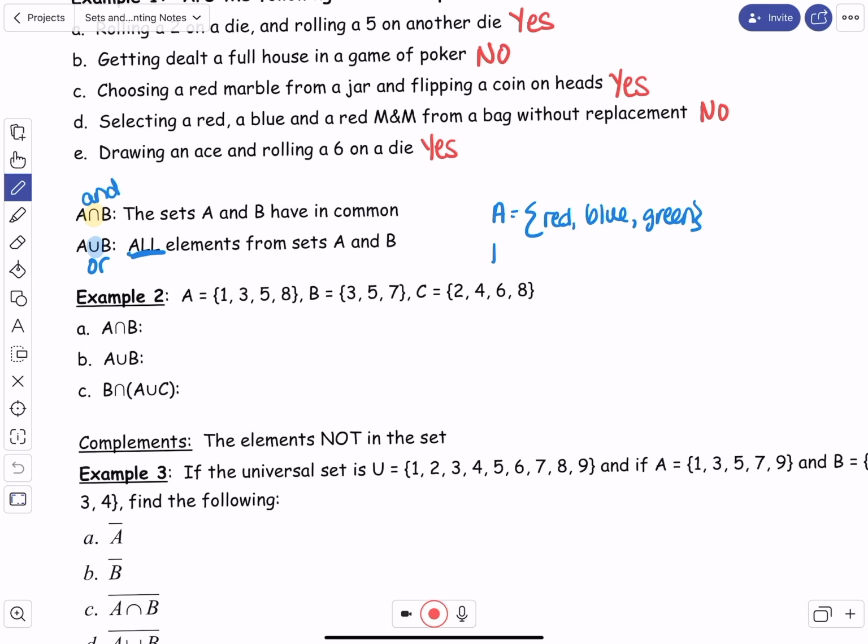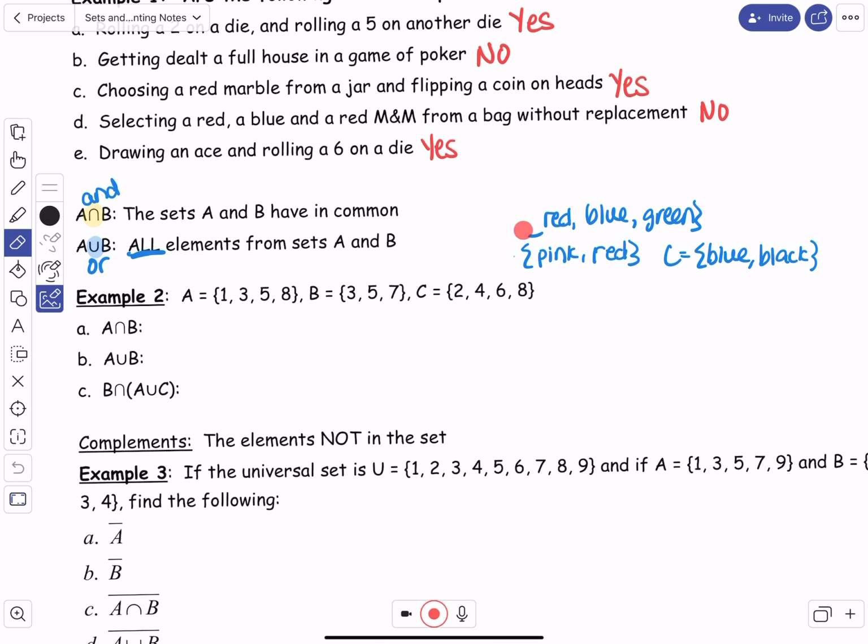I could say that set B would be the colors pink and red. And I could say that set C would be the colors blue and black. Okay? So when I'm talking about sets, they can be anything. It's just for this example, I keep it simple and short, and we just use numbers because it's quick and easy to write.